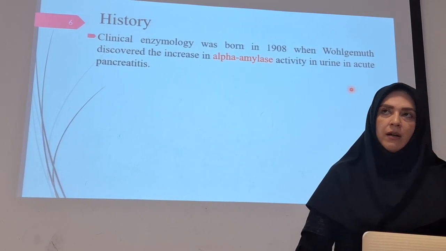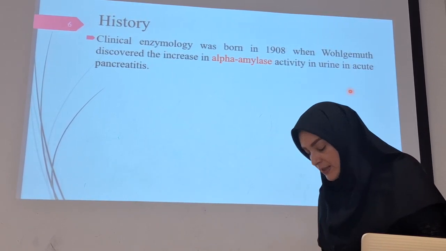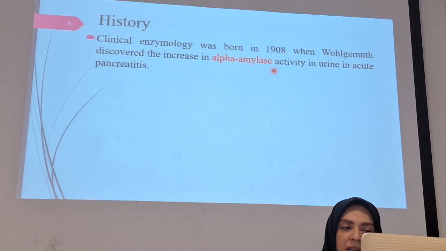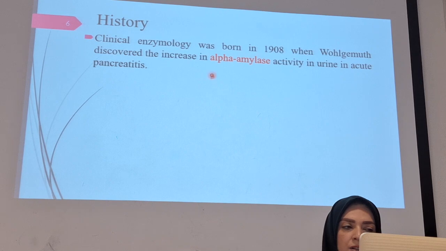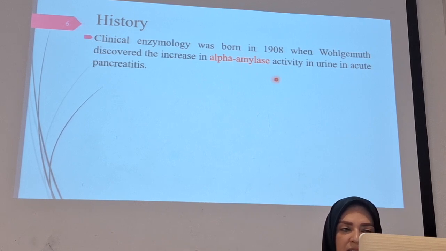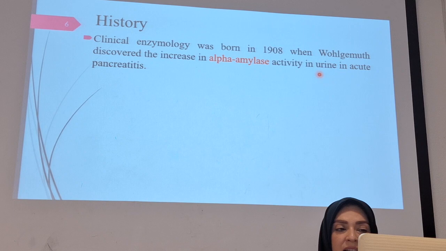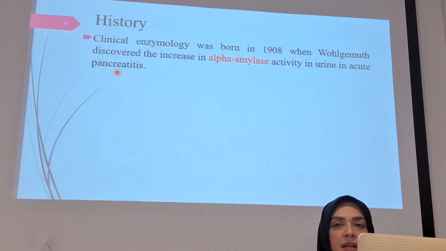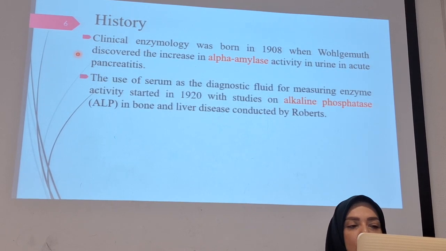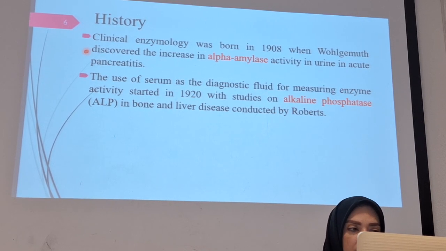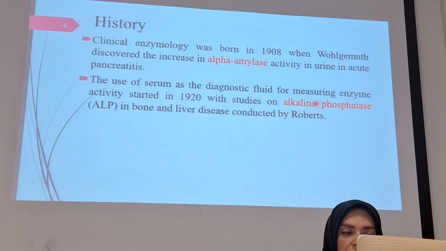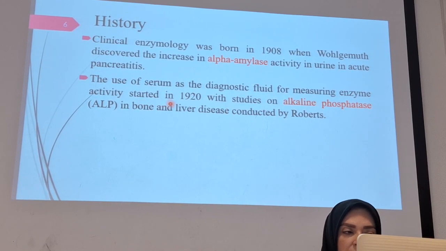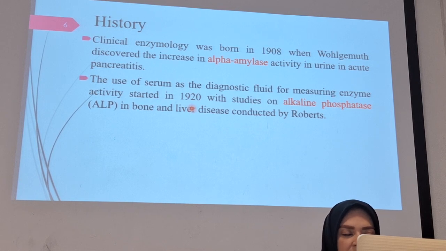About the history, more than 100 years ago, biochemists understood that alpha amylase activity in the urine is related to acute inflammation of the pancreas. They followed with the study of other enzymes, and the use of serum as a diagnostic fluid for measuring enzyme activity started 10 years after this discovery.